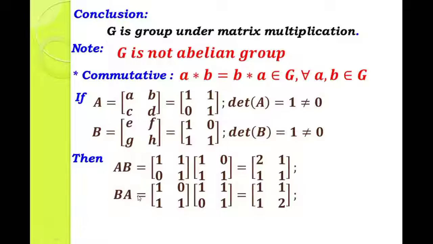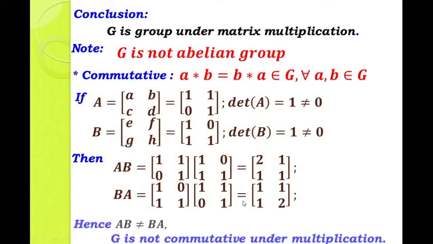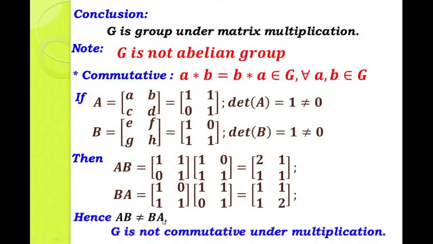Similarly, you multiply the BA matrix. BA gives the answer 1, 1, 1, 2. What is the commutative property? You should get AB equals BA. Here you see the AB matrix, and for BA you will not get the same matrix, you get a different matrix. Therefore AB is not equal to BA. Only for this matrix pair does it fail; for the remaining matrices AB equals BA.